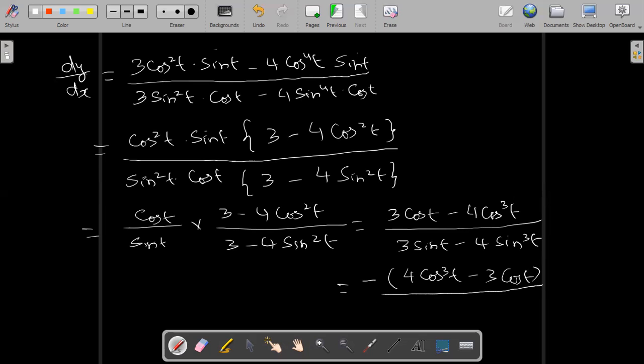The denominator is the formula of sin 3 theta, 3 sin theta minus 4 sin cube theta, and the numerator will be cos 3t. So cos 3t upon sin 3t, it will become minus cot 3t.